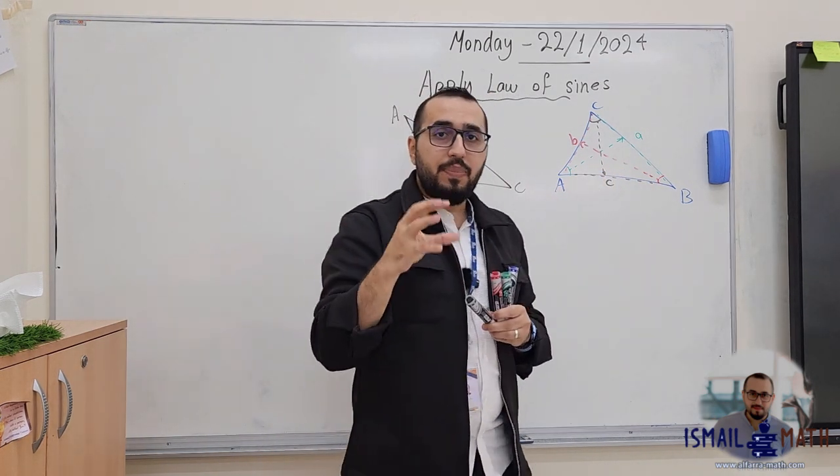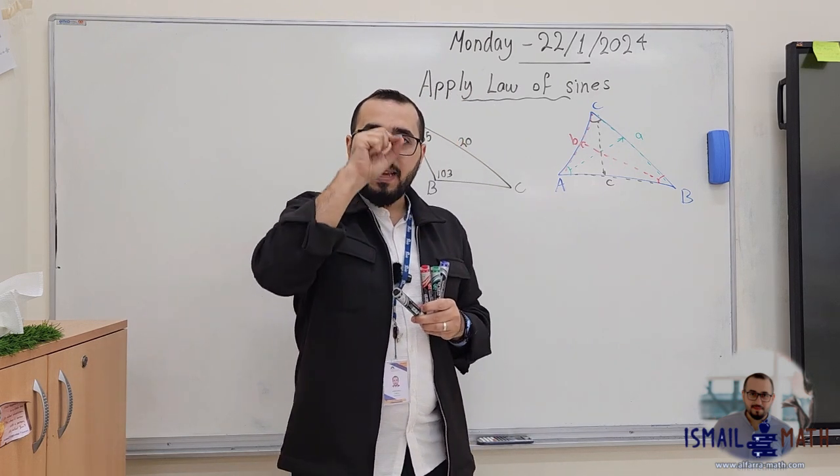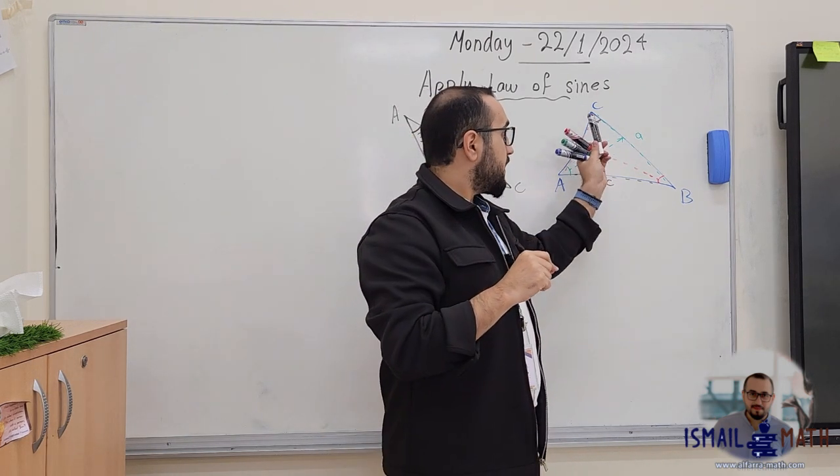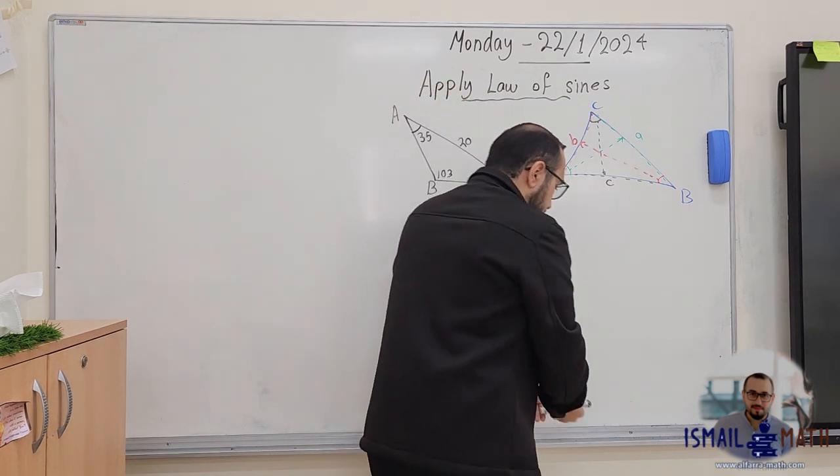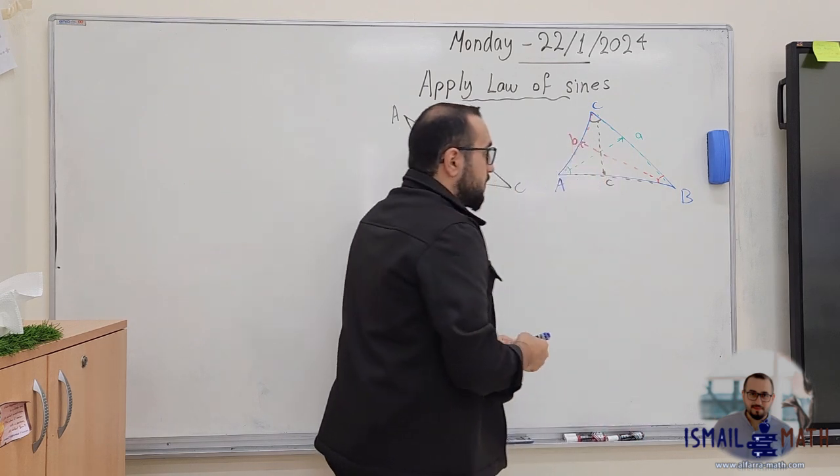Now each angle is a big letter and the side opposite it is the small letter.